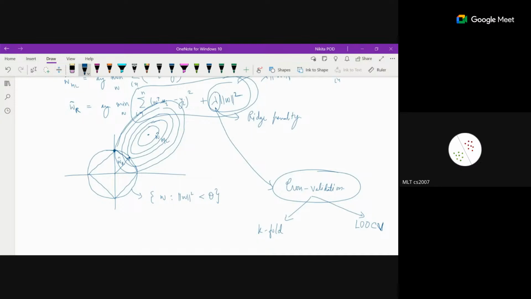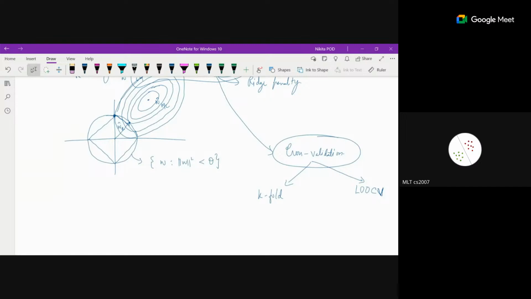In k-fold cross validation, let's say you have some n data points, and you want to perform a 10-fold or a 20-fold cross validation. You divide your data set into k equal parts.